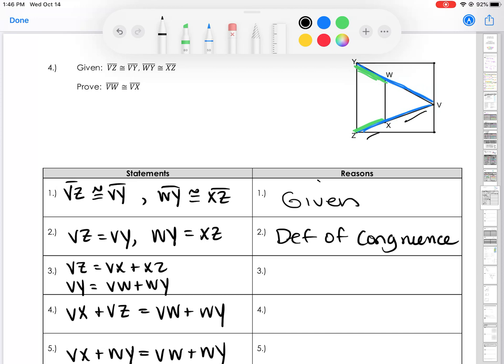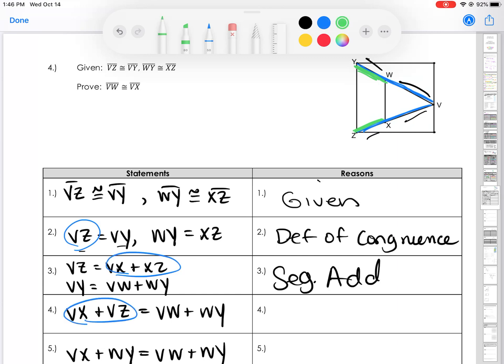Okay. We know that VZ is equal to VX plus XZ. That's segment addition. And we can use the same logic for VY. That's VW plus WY. Then using substitution, we are going to do some replacement here. So we know that VZ is equal to VY. So I am going to substitute, instead of VZ, I'm going to put VX plus XZ.